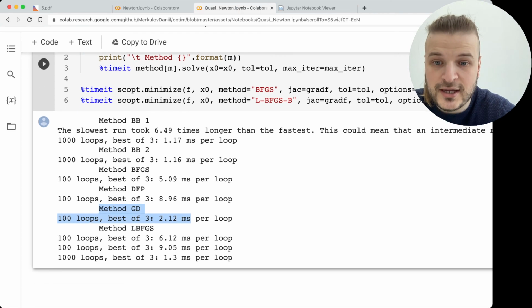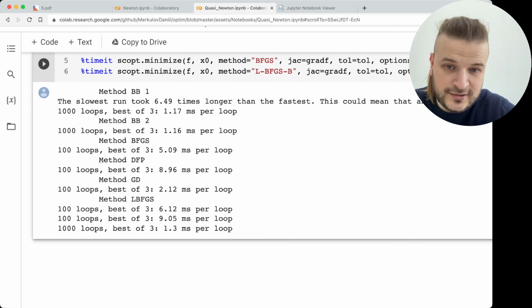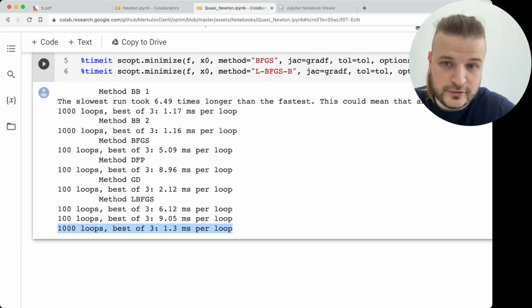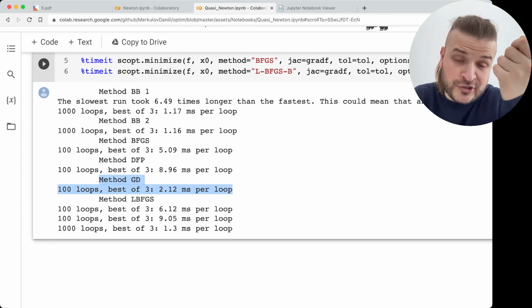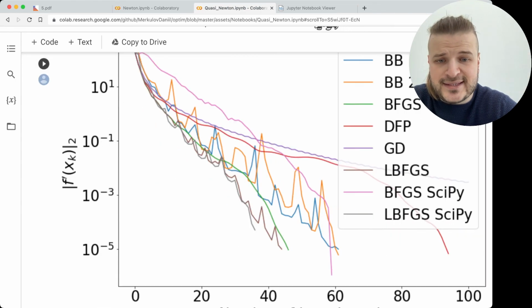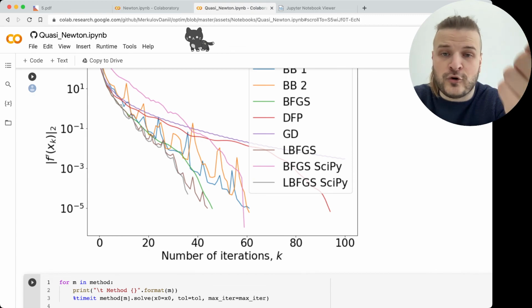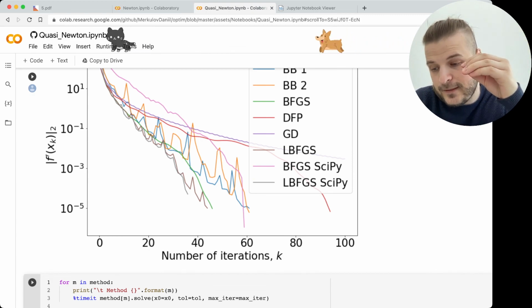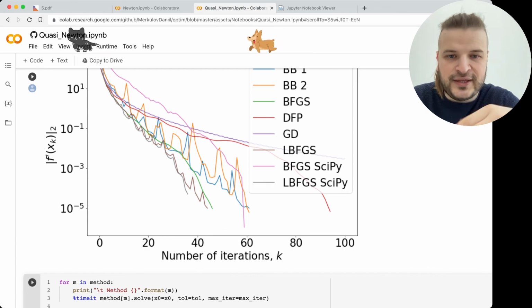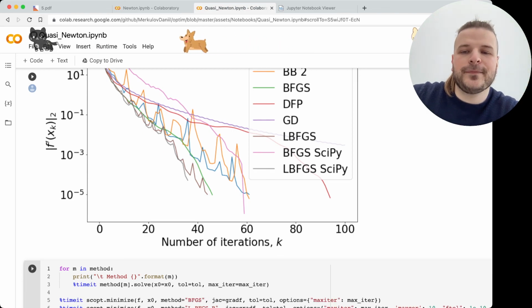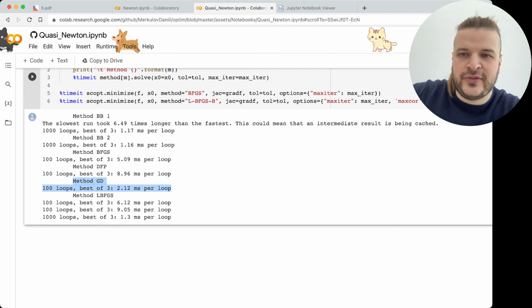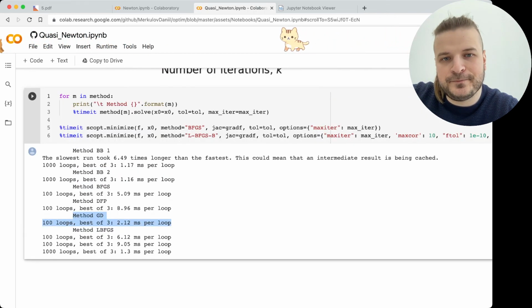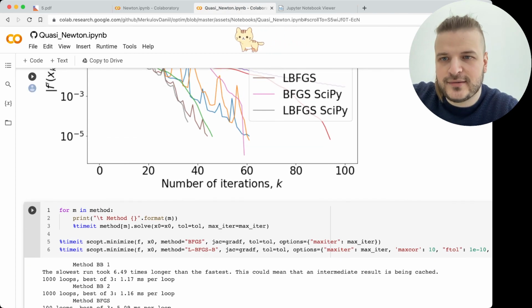And you can see that, for example, a correct implementation of BFGS outperforms gradient descent in terms of time, which is important, because it's obvious that it should outperform in terms of iterations, but each iteration is a little bit more expensive than the gradient one. So in general, you can see this trade-off between complexity and speed.